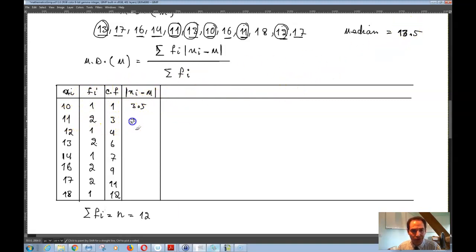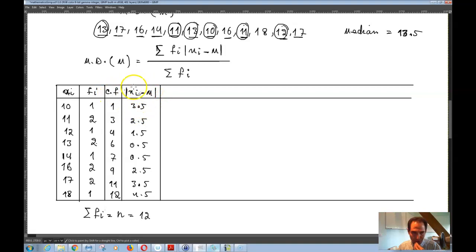That's 2.5, that's 1.5, that's 0.5, that's 0.5, then 16, 13, 2.5, that's 3.5, and 18, 4.5. So this is x of i minus m.